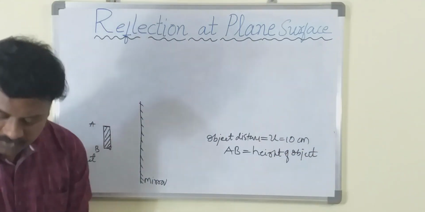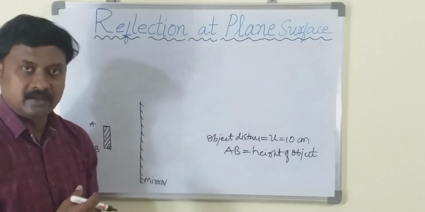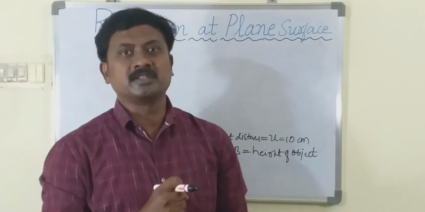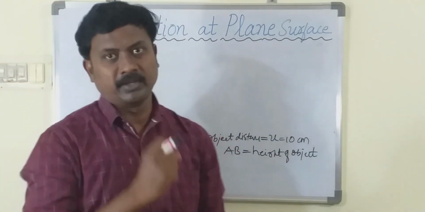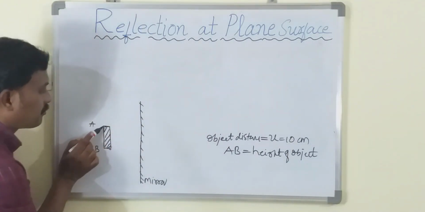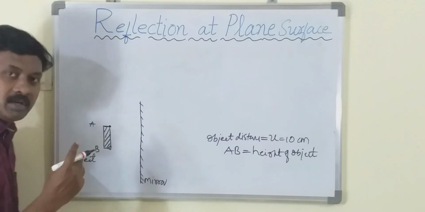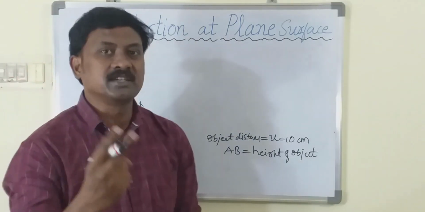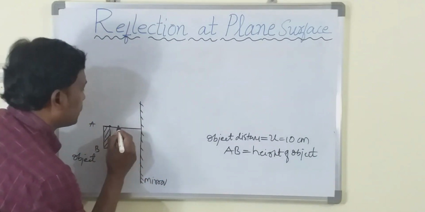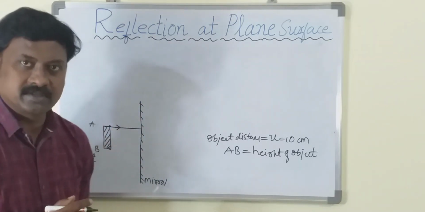Now let us see how to draw the ray diagrams, and using the ray diagrams how to study the properties of the image formed by the plane mirror. This is the top part of the object. From the top part, let me say we are drawing two incident light rays. The first light ray we draw perpendicular to the plane surface.